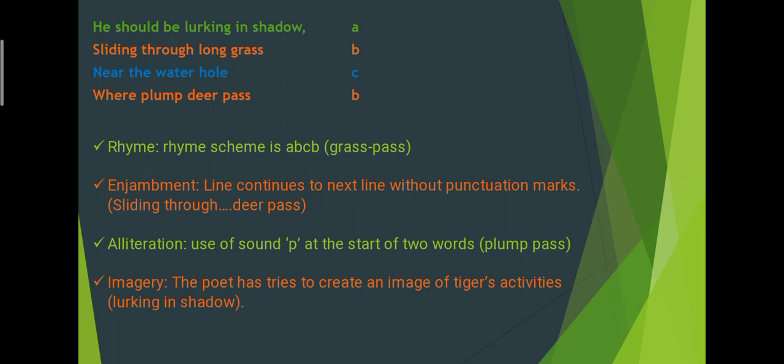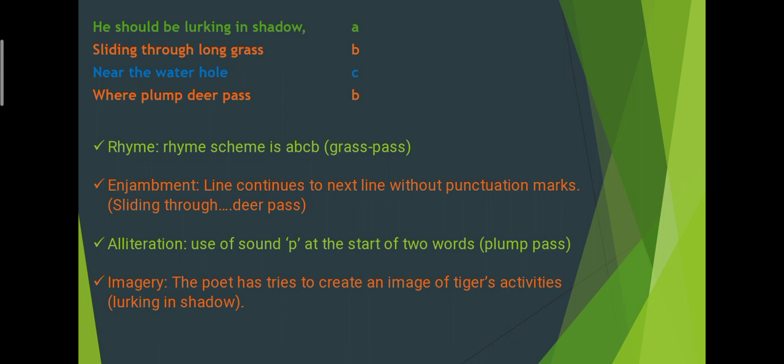In other words, enjambment is a technique in poetry whereby a sentence is carried over to the next line without a pause. That means a sentence is continued to the next line without any kind of punctuation marks, a comma or semicolon. Nothing is used. It is a continuation.